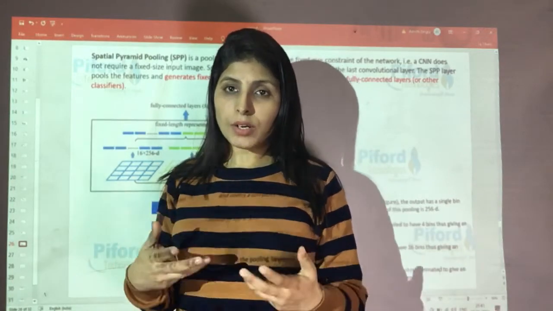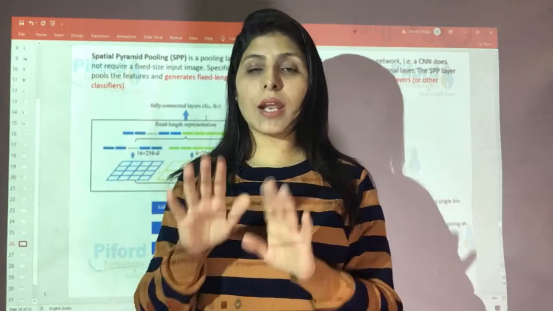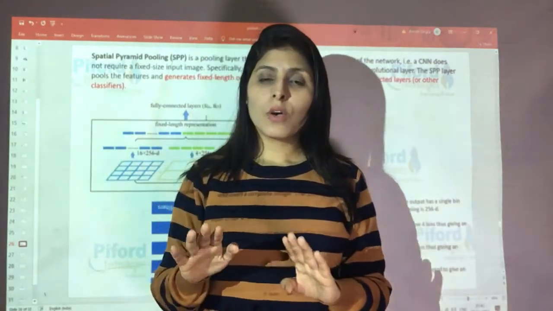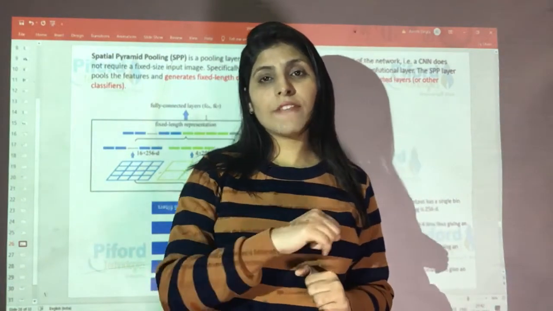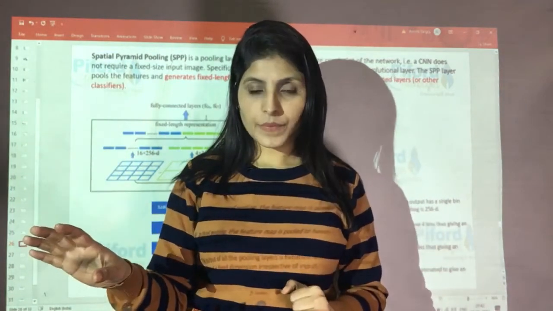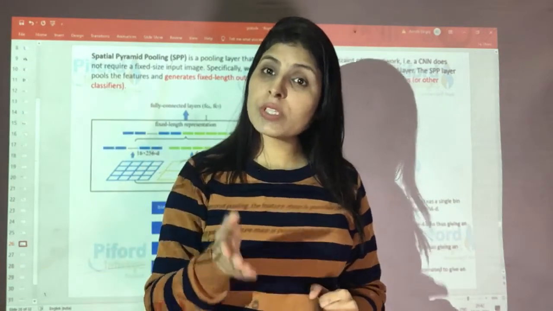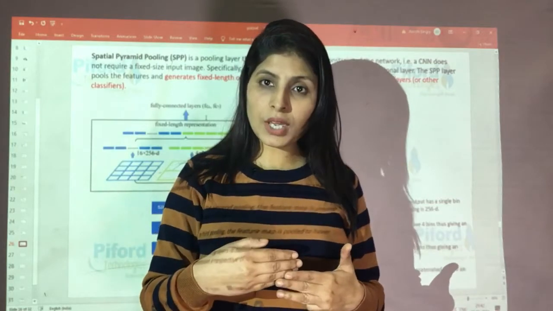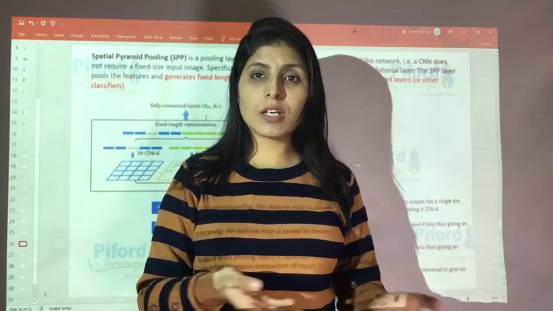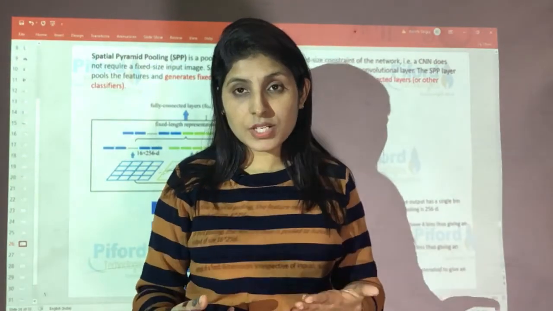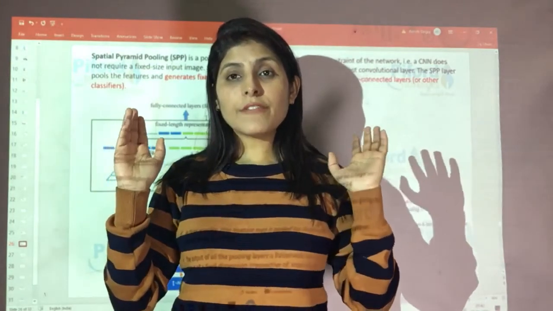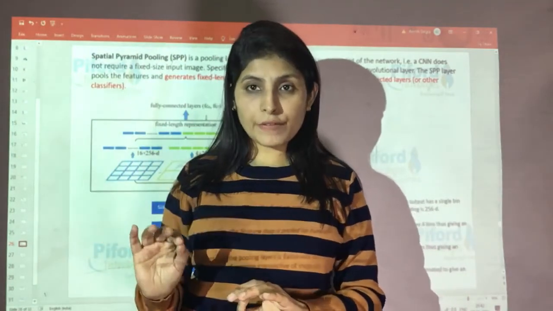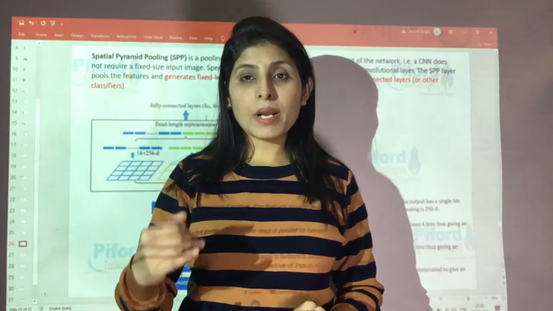So this is what spatial pyramid pooling is, and always remember why we are using it: we want to give any size of input to our network. If we don't use spatial pyramid pooling, then we always need to resize our images, and I have already explained the disadvantage of resizing. So if you want to give input of any size to your network, you can use spatial pyramid pooling.